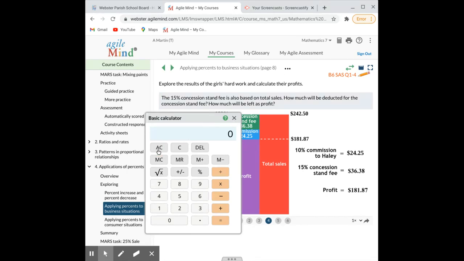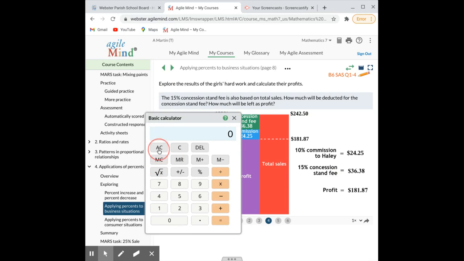Now, the next thing we need to understand is how they got this profit of $181.87. What did they do with this 10% and this 15%? They subtracted it. From what? From the total. Correct. And so you are correct in that they subtracted it from it. But the easiest way for us to subtract this from that would be to combine these two together and then subtract.